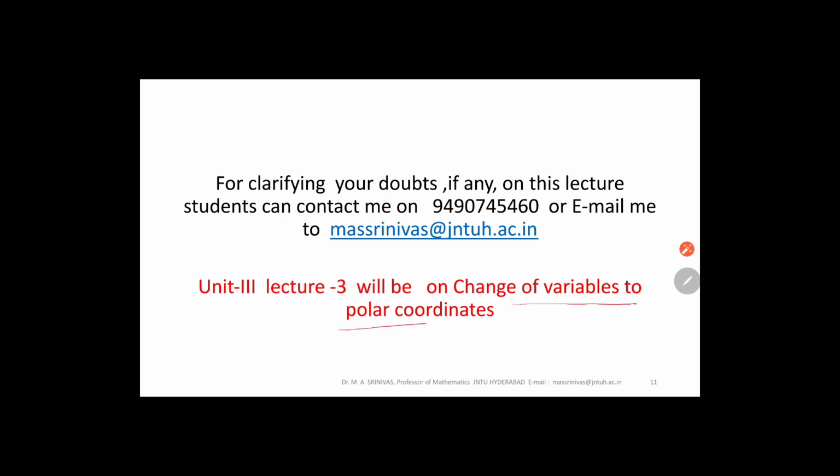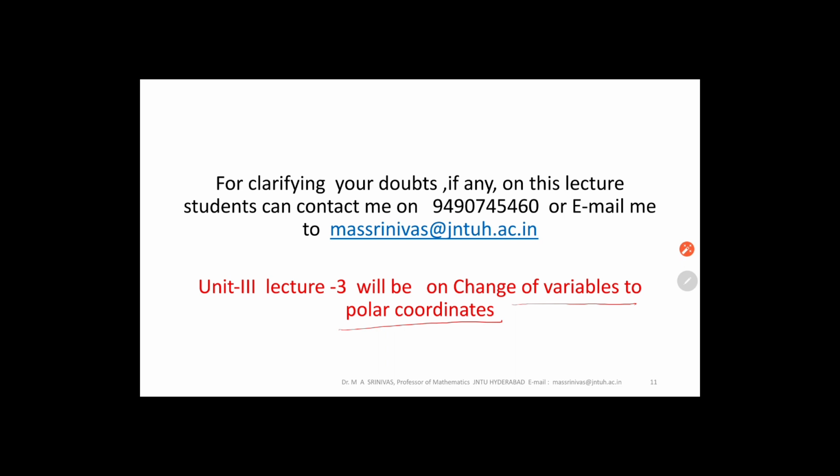Now we are changing to another kind of change of variables: polar coordinates. Particularly, if I change Cartesian coordinates to polar coordinates, the important point is this: in the examples in this lecture, you observed that once you apply a transformation, the region of integration also changes.